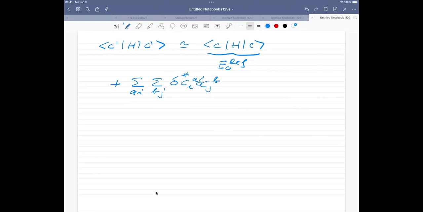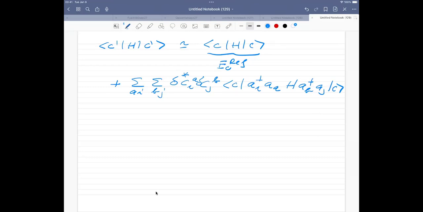And what I will have then will be an expectation value where I have a_I, as a creation operator, and then I have a_A, the Hamiltonian, and then I have my a_B and a_J with C. So that's one second order term which I can get.